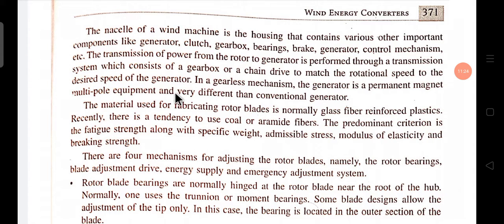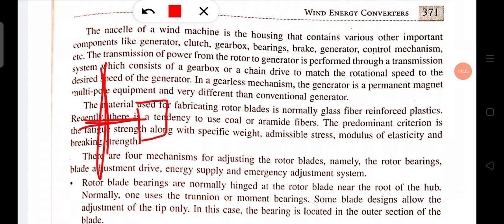Let's say this is the rotor, this is the shaft. With a gearbox, the transmission is connected to the generator. This is the generator, then this is the gearbox.